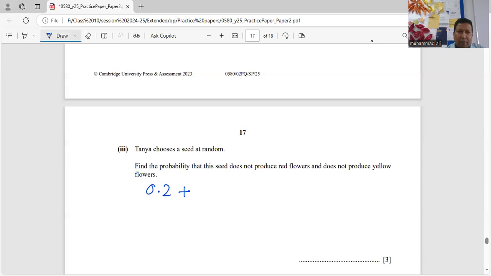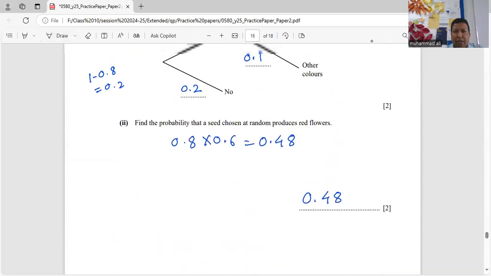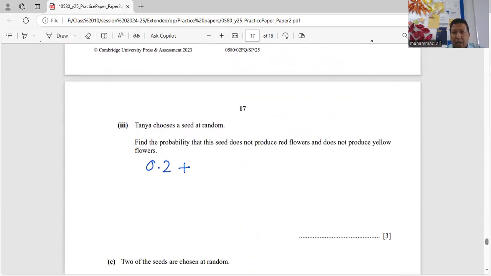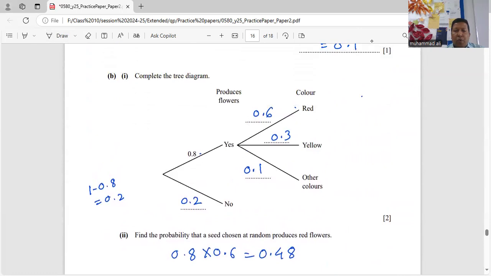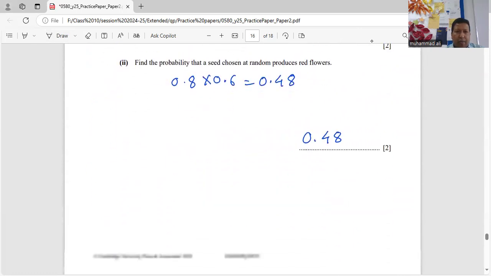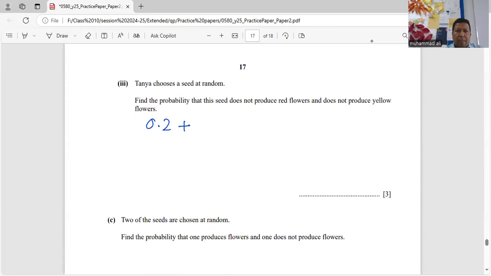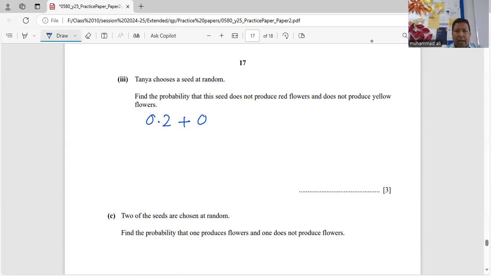If it produces flowers, the flowers are not red and not yellow. So 0.8 multiplied by 0.1. Finally we get 0.2 plus 0.08, so it will be 0.28. So we have to write here 0.28.